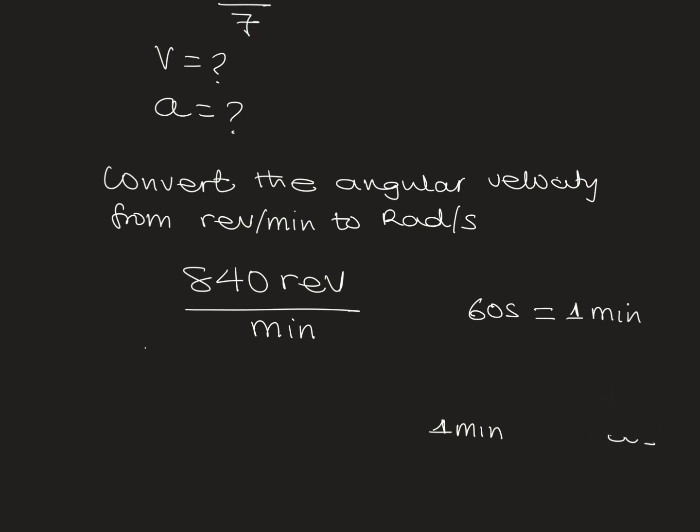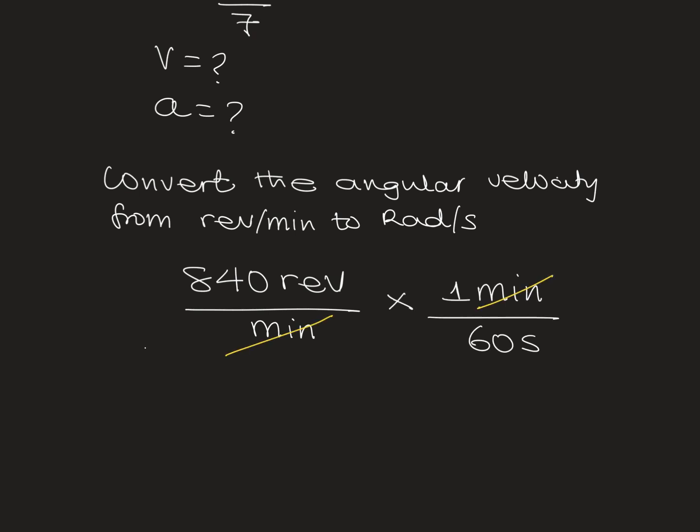So we will multiply 840 revolutions per minute by 1 minute divided by 60 seconds. So with that, minute will cancel minute.